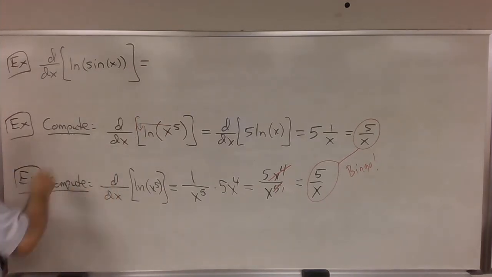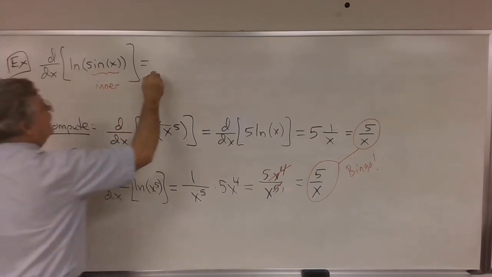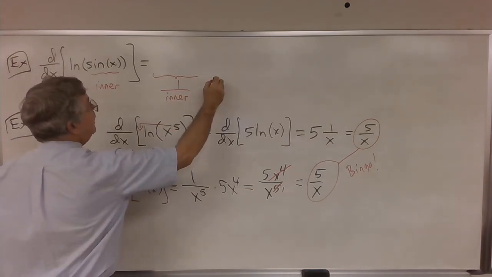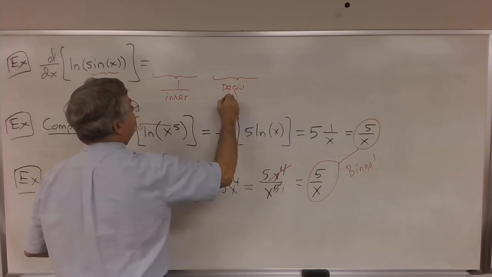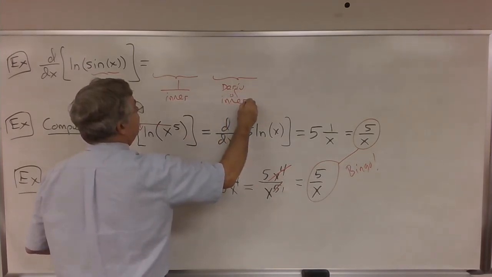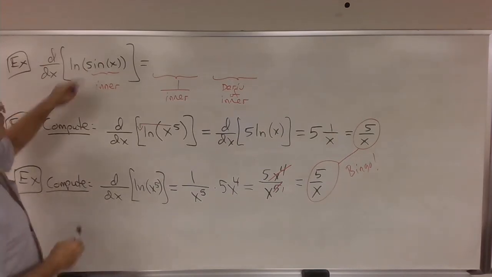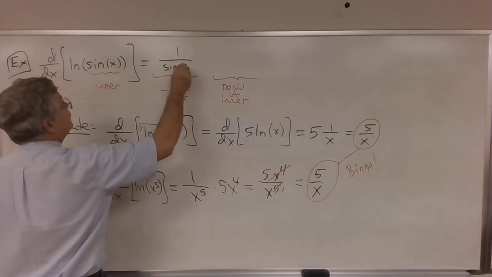So here's the inner function. And we should get 1 over the inner times derivative of the inner. So 1 over the inner function, 1 over sine of x.